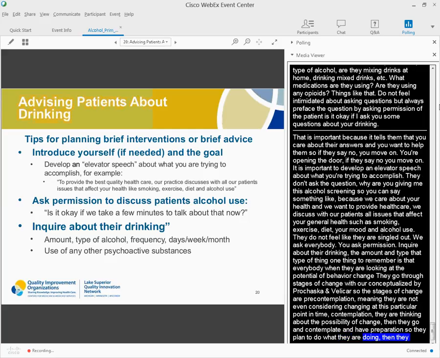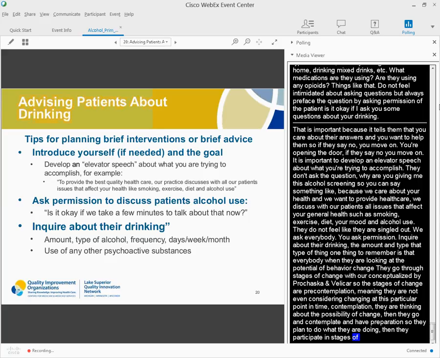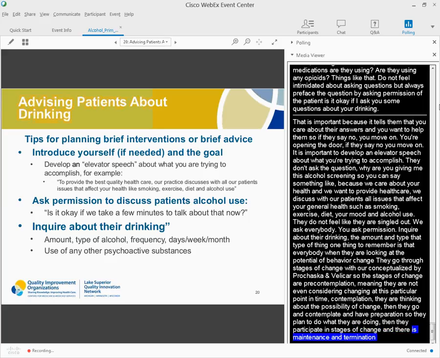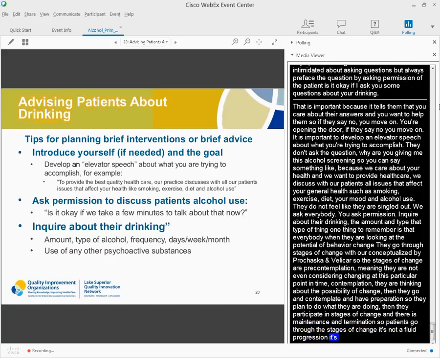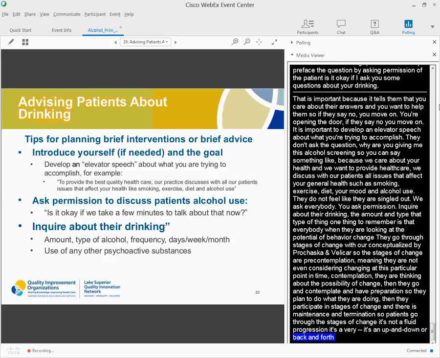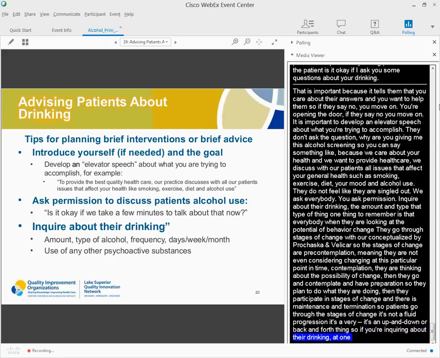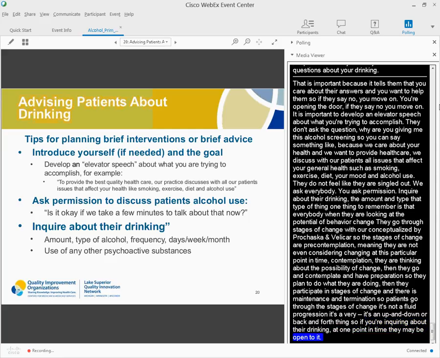So patients go through these stages of change. It's not a fluid progression. It's up and down, or back and forth. So if you're inquiring about their drinking, at one point in time they may be very open to it. The next time you talk to them, they may not be. So that's normal, and it's important to remember that.